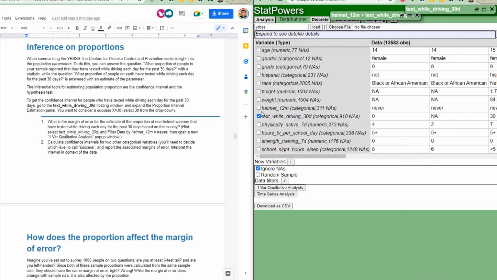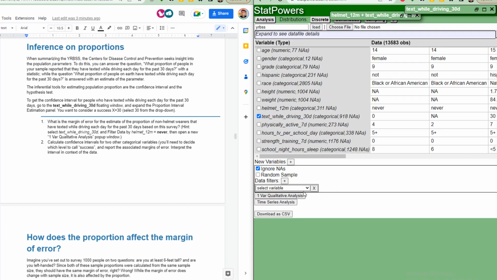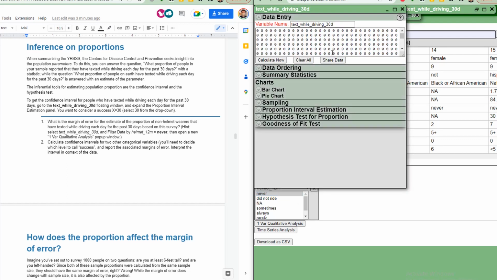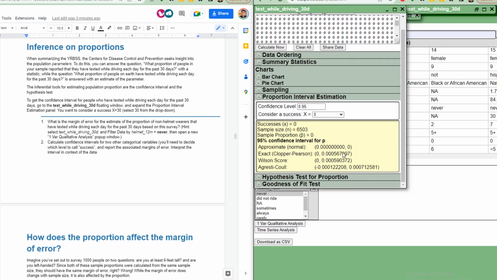I'm only going to use text while driving as the variable I'm interested in, but I'm going to filter it by the variable helmet 12M, and I'm going to select only the people who never wear helmets. If I perform this, I'm going to get a different proportion likely.